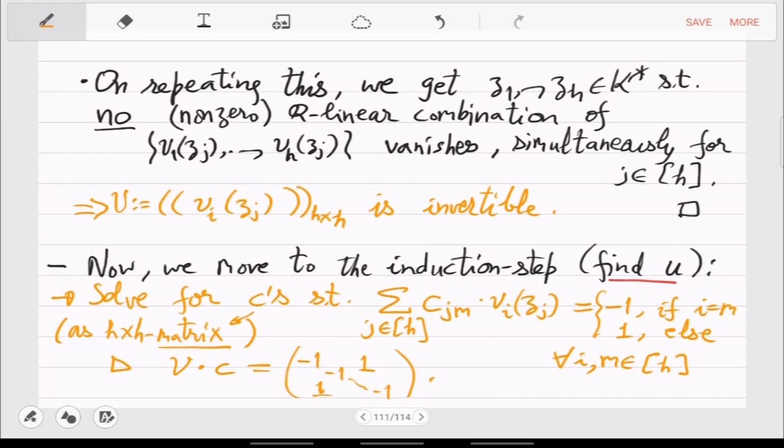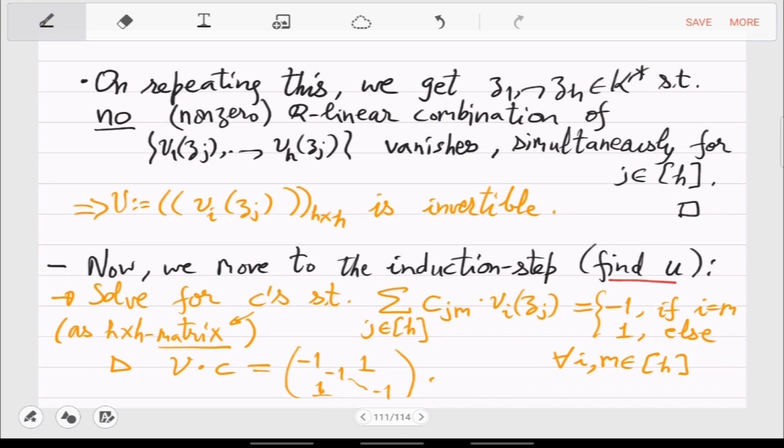Yeah, so the i comma mth entry of this product matrix is what the constraints I have written. So anyways, this C is easy to find because V is invertible. So C is just equal to V inverse times this matrix. So it exists because V is an invertible matrix, as we just showed.